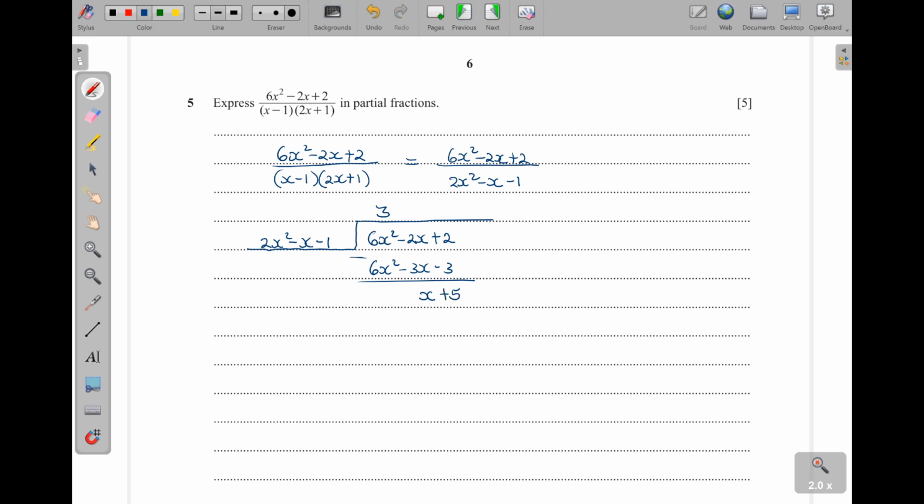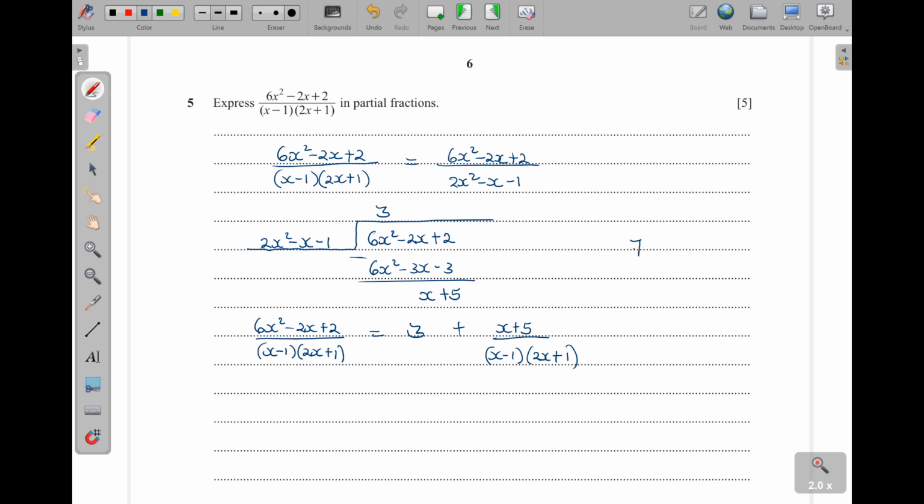So this implies that our 6x squared minus 2x plus 2 out of x minus 1 into 2x plus 1 is actually 3, plus the remainder here, divided by x minus 1 and 2x plus 1.